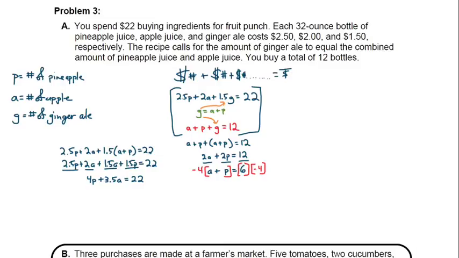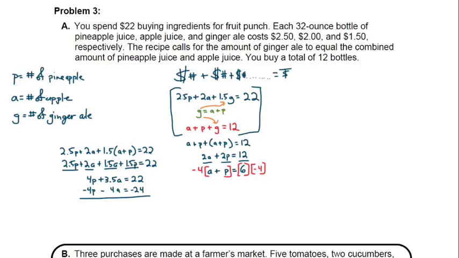And here's why. Negative 4 times A is negative 4A, and I'm going to write it there because it lines up with the A. Negative 4 times P is negative 4P, and I'm going to write that one over here because it lines up over there. And negative 4 times 6 is negative 24. And I'm going to eliminate this time. So the first time I substituted to get rid of something, this time I'm going to eliminate because it just feels easier this time.